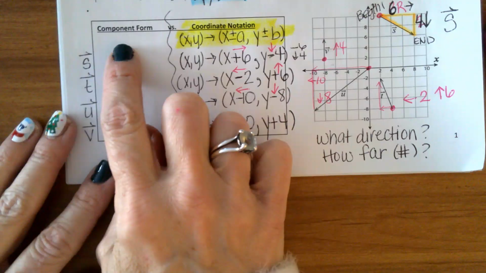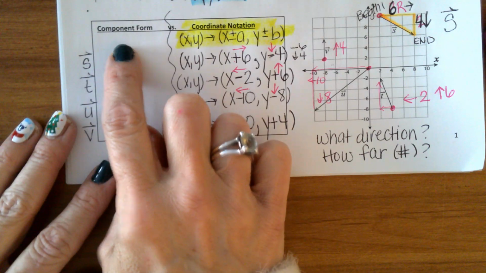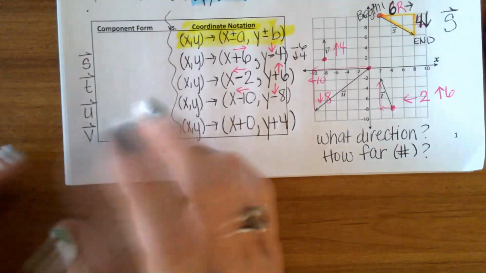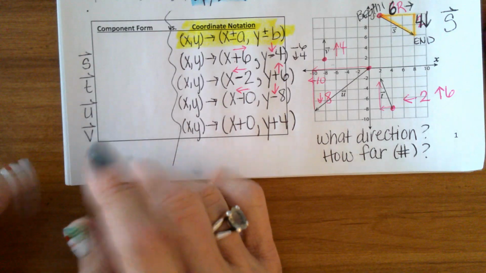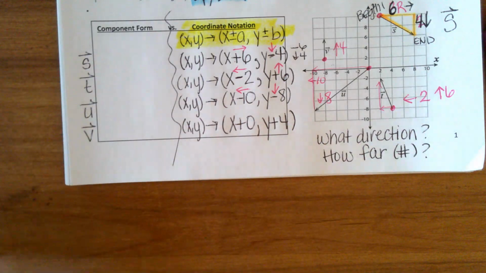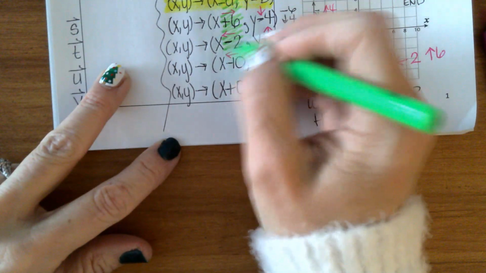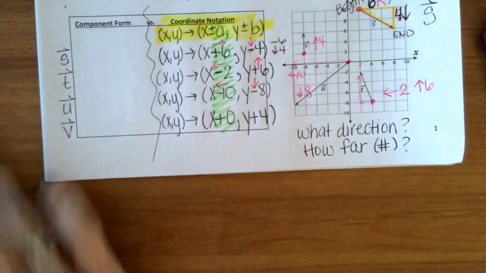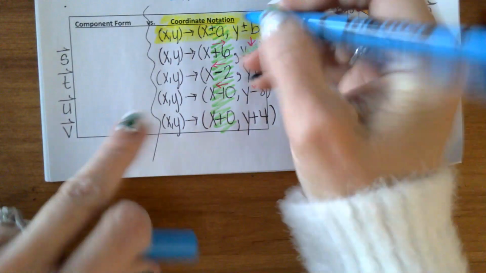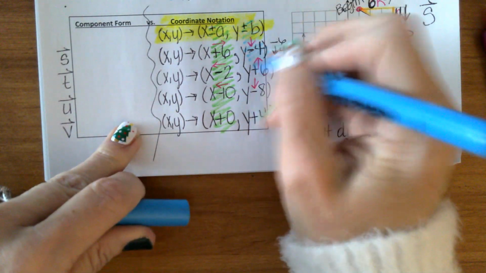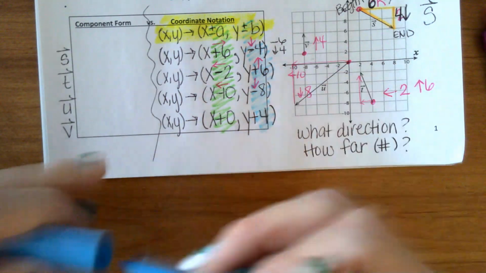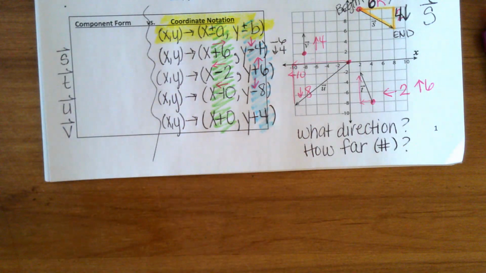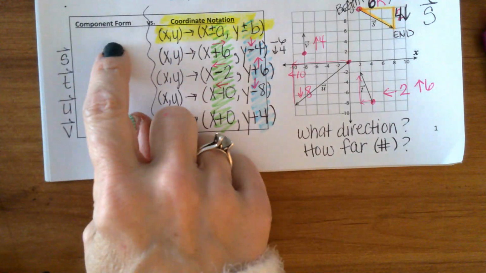Component form is like a short, kind of like an abbreviation of that. Okay, so do you see all of these? Just the A and the numbers, and then here just the B and the numbers. That's what we'll focus on when we write in component form.